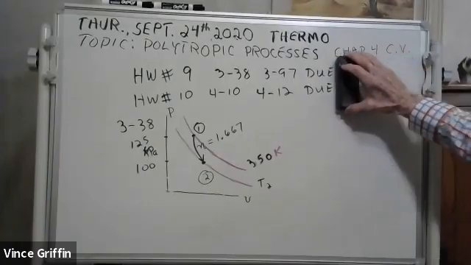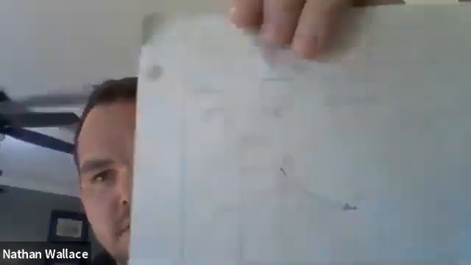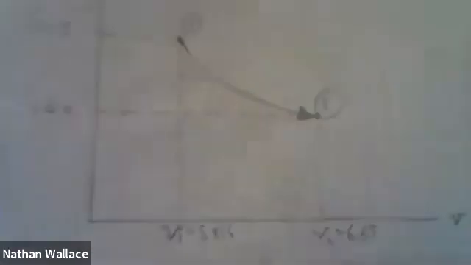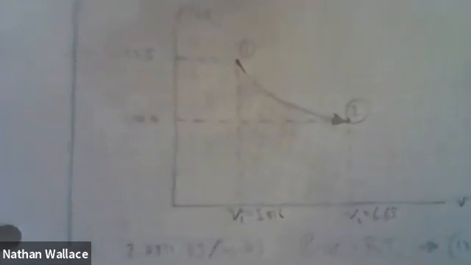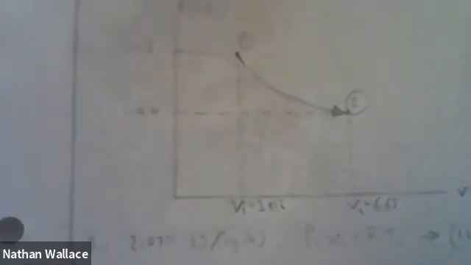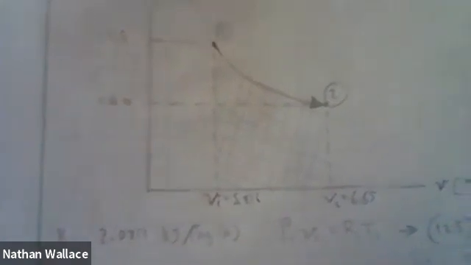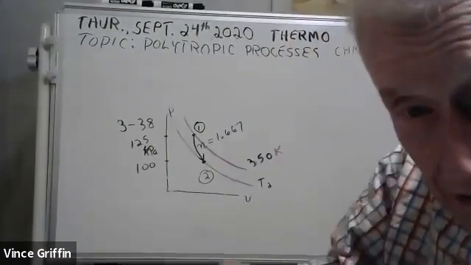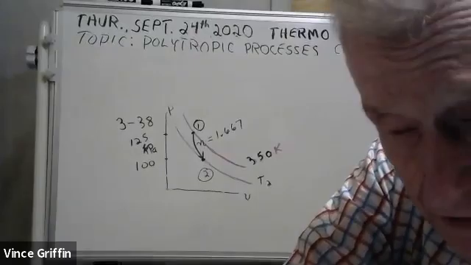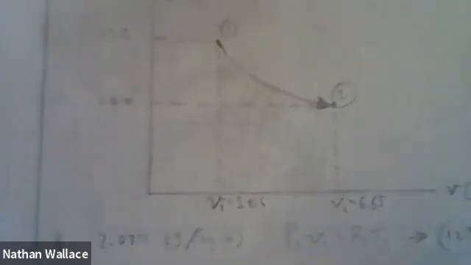Mr. Griffin, can I ask you a quick question? I don't know if you can see this or not. This is my PV diagram. Who am I talking to? This is Nathan Wallace. Yeah, Nathan.